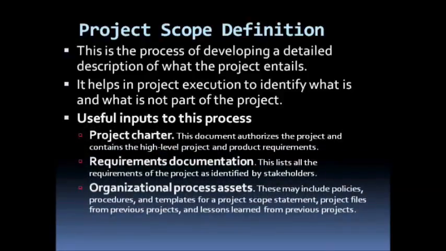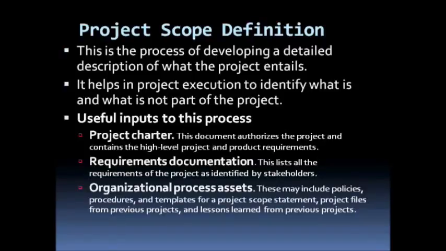Some useful documents that would help us define the scope of our project, or inputs to our process of scope definition, would include the project charter. This charter is a document that formally authorizes the project, and it contains the high-level project and product requirements.